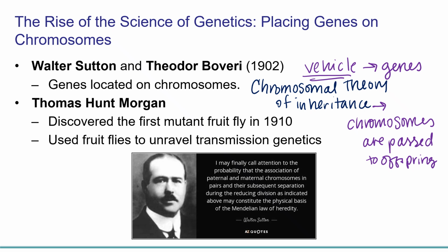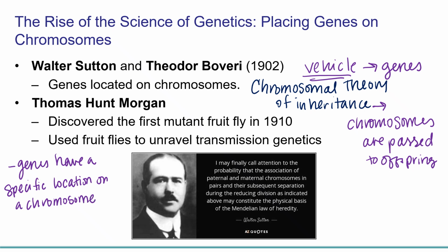And then shortly after that, in 1910, Thomas Hunt Morgan, who is studying fruit flies, notices that genes are located on specific chromosomes. So genes have a specific location on a chromosome.